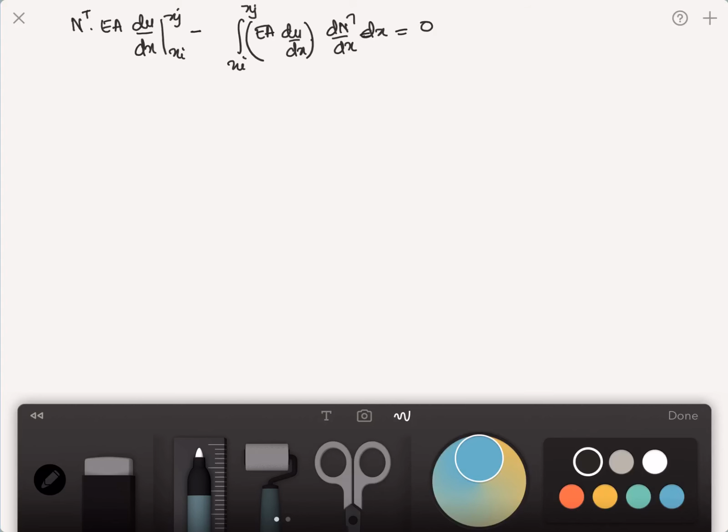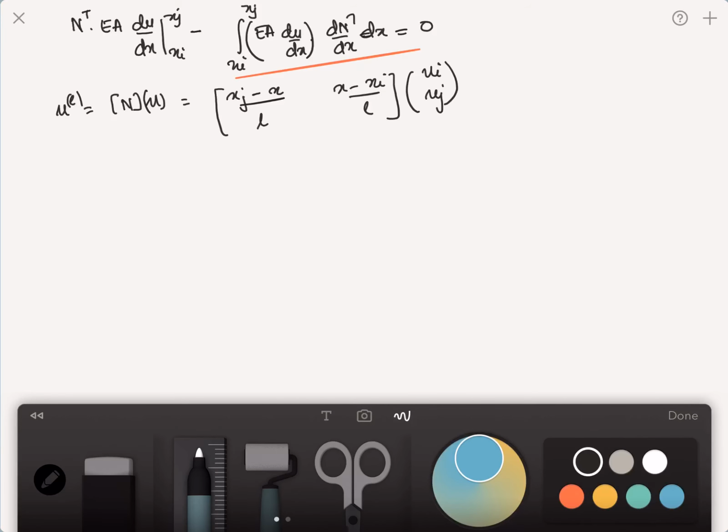Right? Now we already know u e is equal to N u, which can be written as, by the definition that we already know, (xj minus x) by L, (x minus xi) by L, times ui uj.